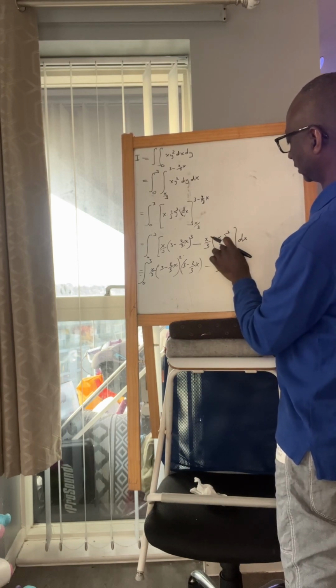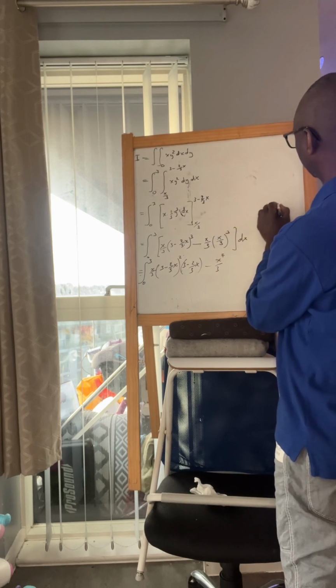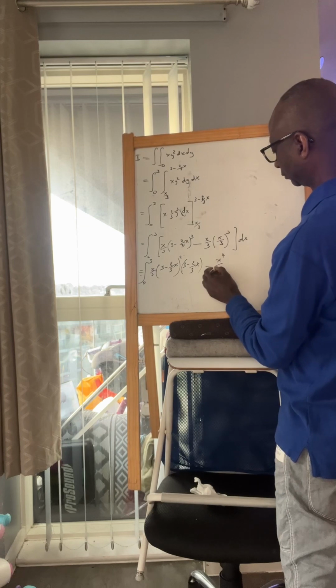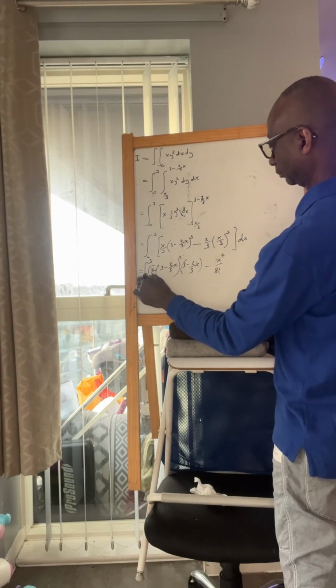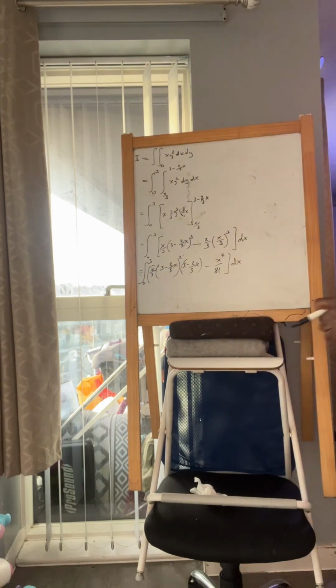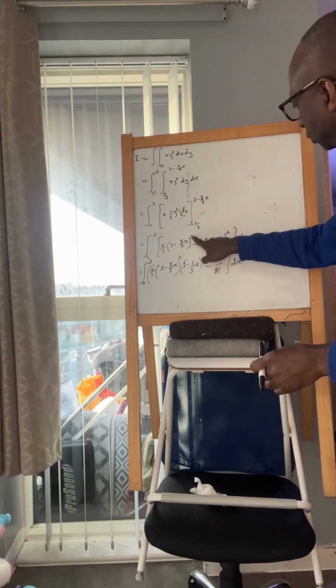3 times 3, 27, times 3. 27 times 3 is 81. 7 times 3 is 21, 2, 6, 81, yes. All over 81. The x. I split this. 3 minus 2 over 3x to the power of 3.